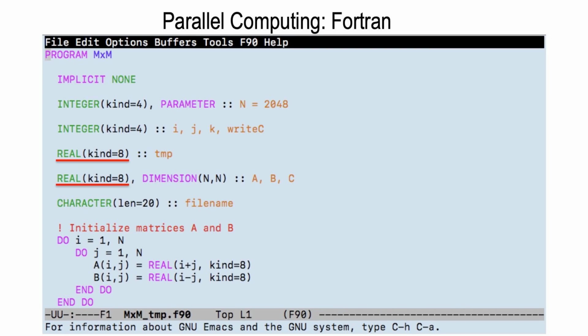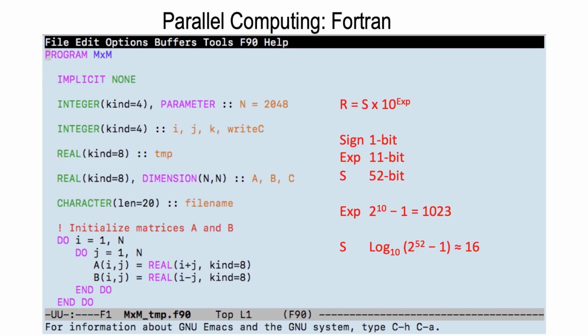However, it's important to understand that kind equal to 4 and kind equal to 8 may not always correspond to 32-bit and 64-bit data types, although this is typically the case with most Fortran compilers. The declaration using these kinds may not be as intuitive for humans. We'll explore a more user-friendly approach in our upcoming videos.